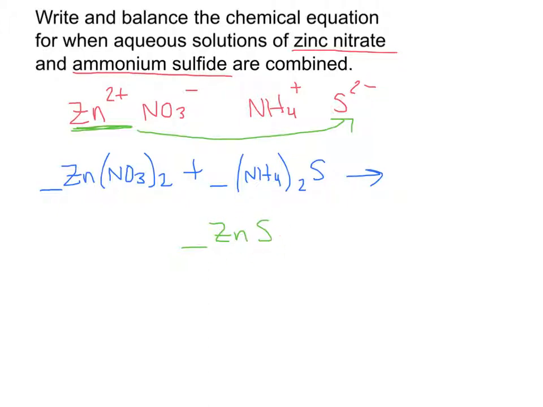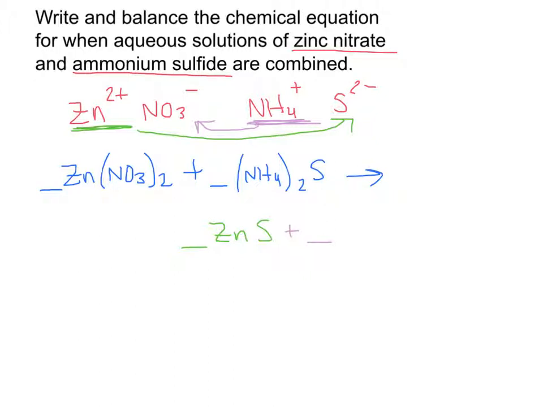Then I'll choose a different color for this next one. You take your other positive ion, your ammonium, and you're going to pair it with the only negative ion you have left, and that's the nitrate. So we're going to add your ammonium nitrate. And the cool thing is, yeah, you can crisscross the charges, but they're both 1.